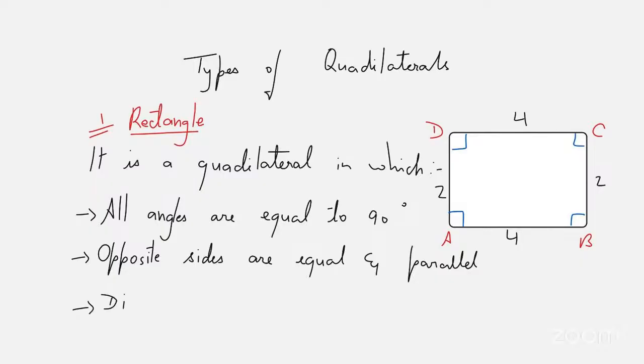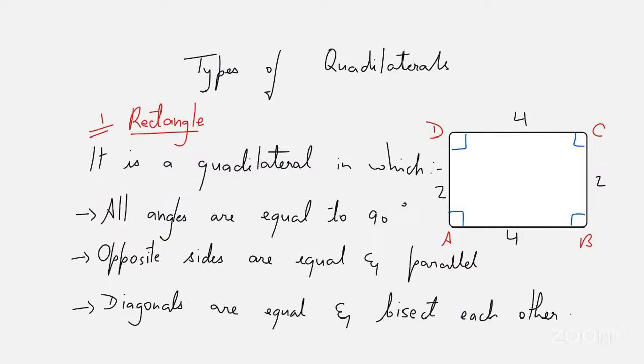Diagonals are equal and bisect each other. What does that mean, bisect?